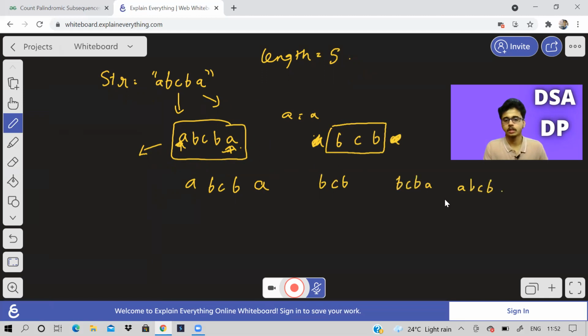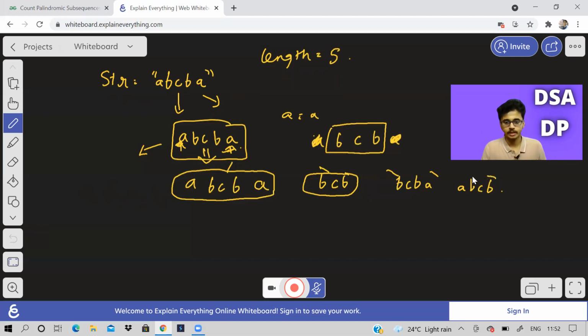Correct. So I am trying to break the problem further into smaller problems. See, now this problem of finding the number of subsequences is actually like 4 problems. We find all the palindromic subsequences in the middle part, excluding the first and last. We also consider the palindromic subsequences with the first and last characters.